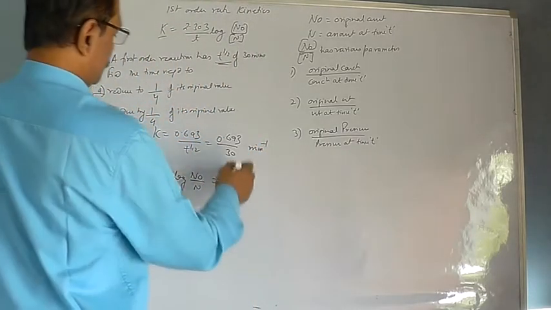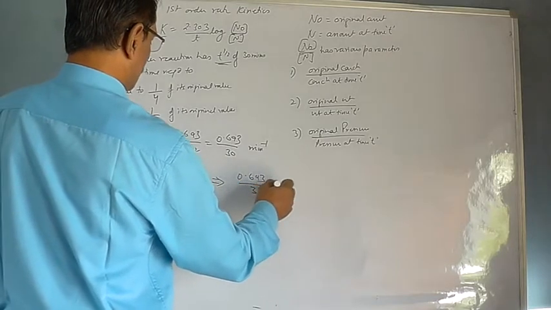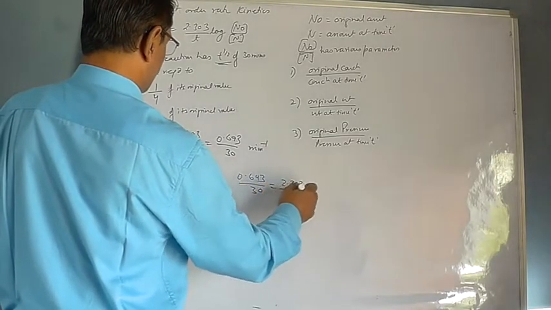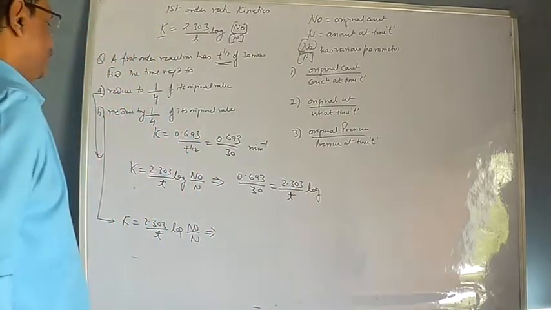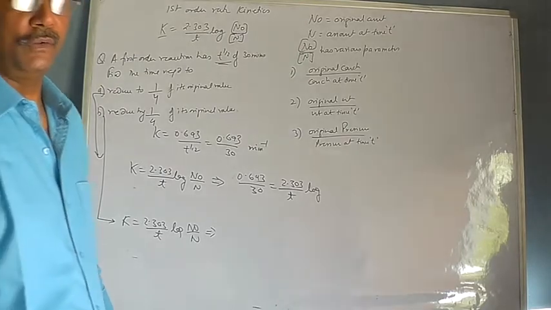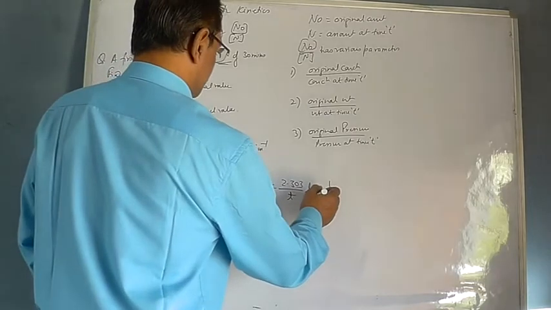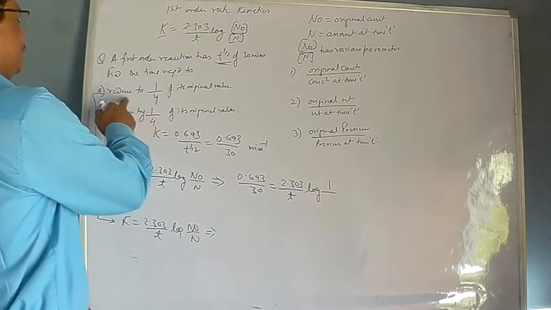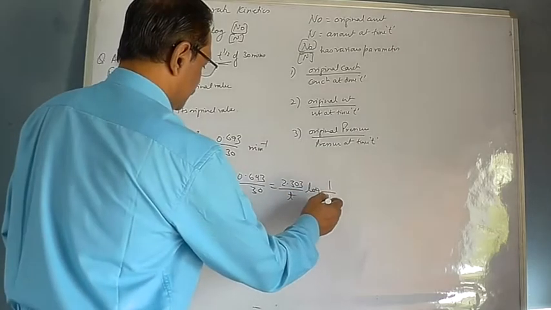So class, k is already 0.693 divided by 30 equals 2.303 upon t log. Class, if in a percentage numerical the original amount was 100, then in a fraction numerical always take the original amount as 1. Now the question reads reduced to 1/4, meaning whatever is left is 1/4. So I'll just put 1/4 here.